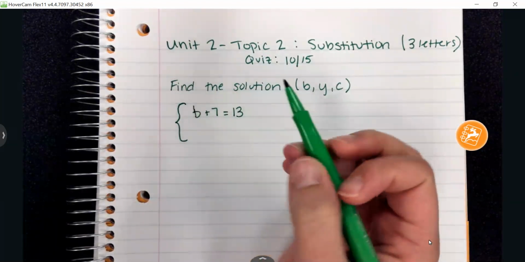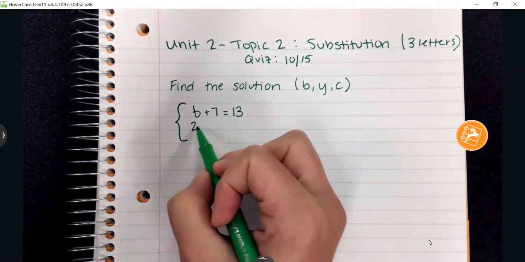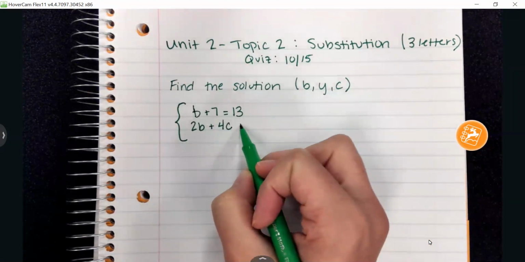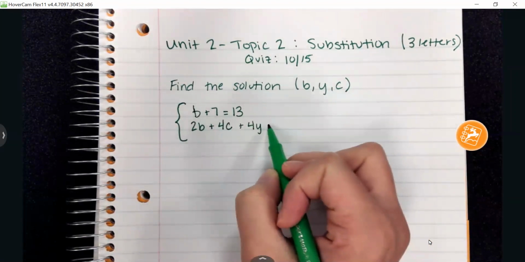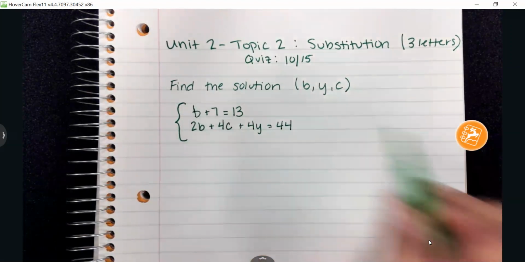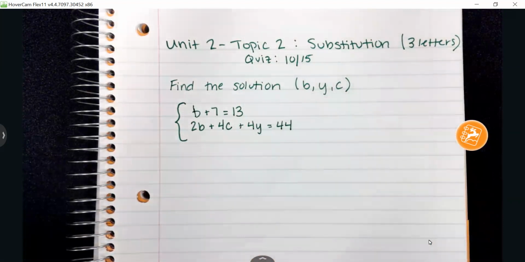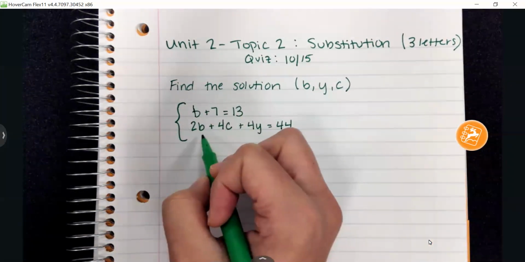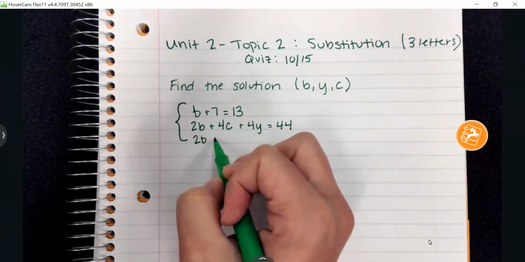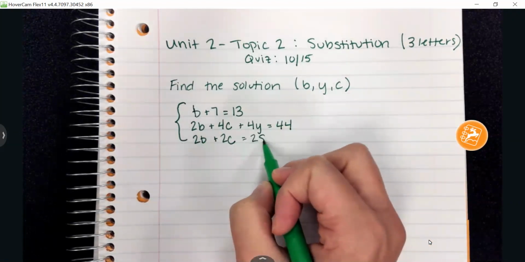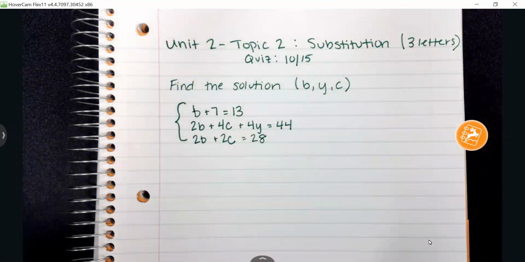My second equation will say 2B plus 4C plus 4Y equals 44. And my last equation will say 2B plus 2C equals 28.